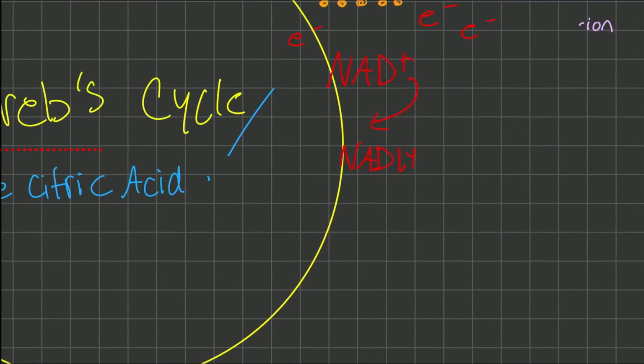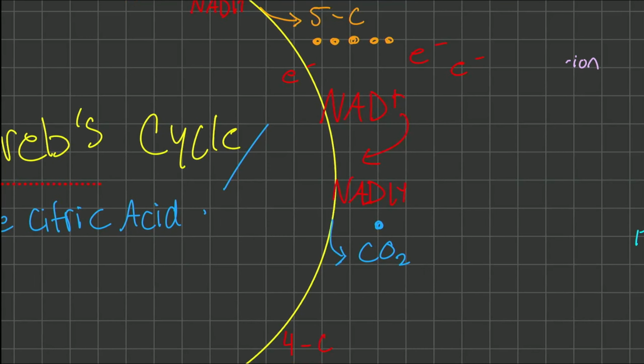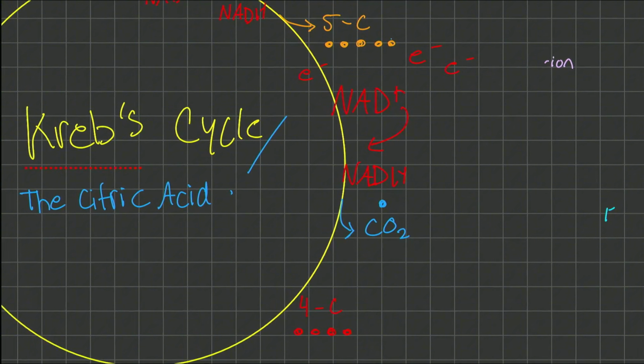And now we're going to create a 4 carbon molecule, and you're probably going to guess again, we're going to release more carbon dioxide. That 1 carbon from our 5 carbons is going to be lost through the form of carbon dioxide, dropping us down to a 4 carbon molecule, which you don't have to know the name of, but again, it's pretty cool.